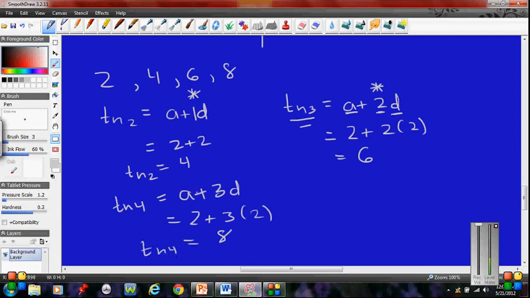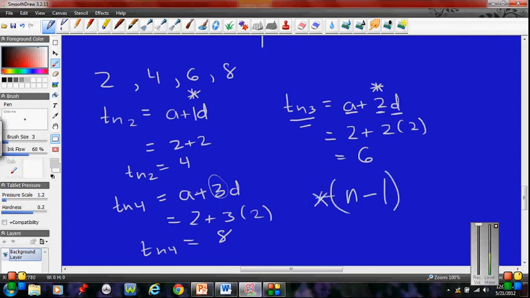So I'm sure everyone has seen the pattern by now. The number that you use here is one number less than the term number. So what this tells us is that if, for example, this was n, let's say, term number, so n, this would be equal to n minus 1.